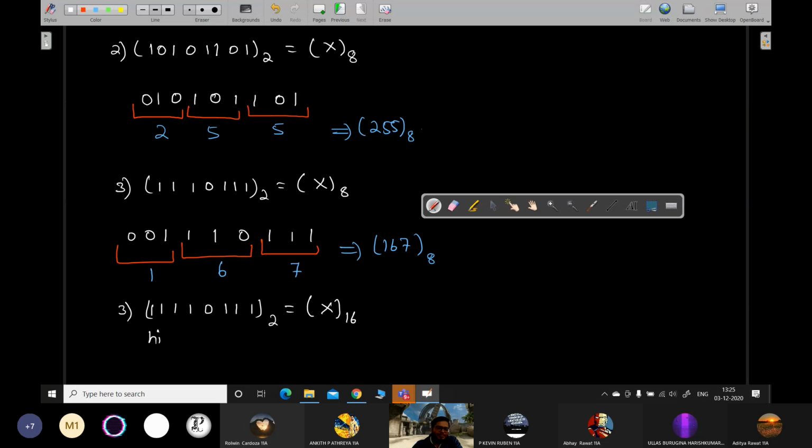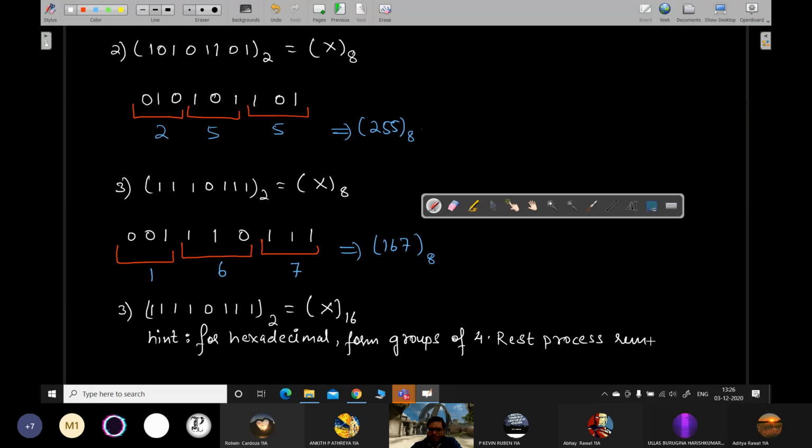Hint: for hexadecimal, form groups of 4. The rest of the process remains the same. Come on, tell me quickly. Tell me first.